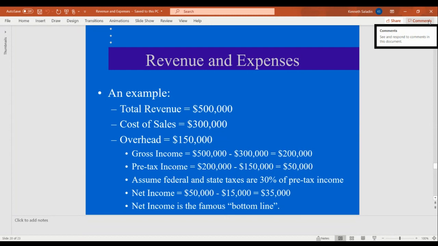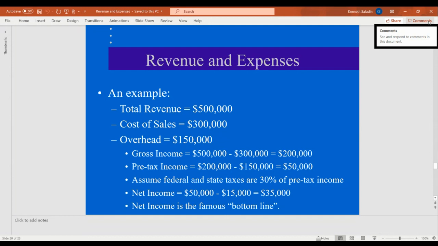So let's take it to the next step. If you want to determine what the pre-tax income is, then you would take the gross income, which is $100,000, and you will subtract the overhead expenses, which in our example are $150,000. So what you're left with then is $50,000. That is your pre-tax income.